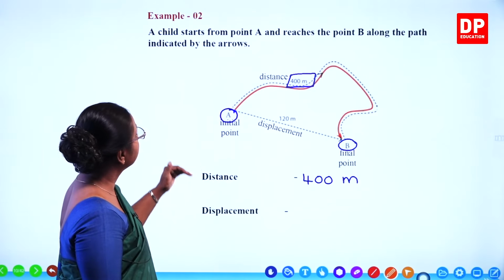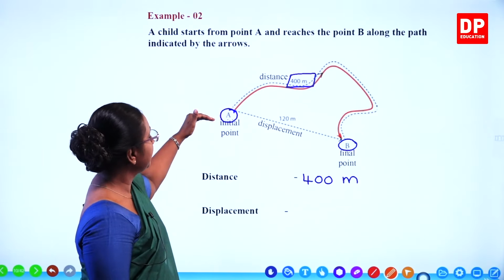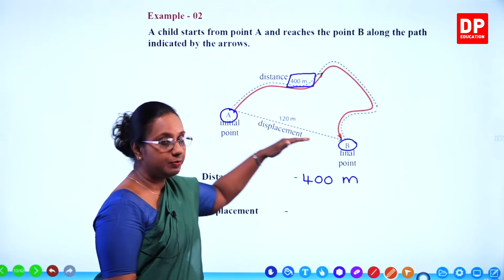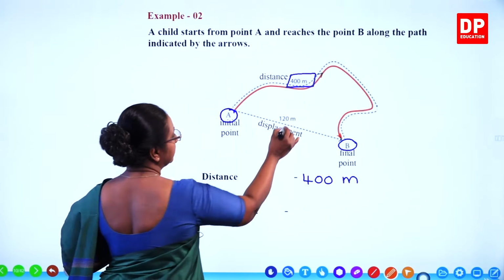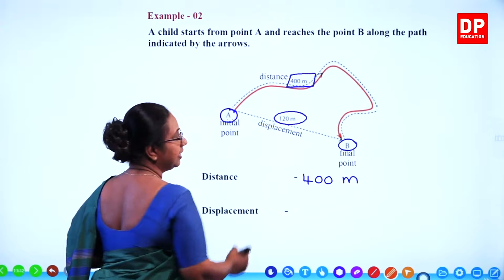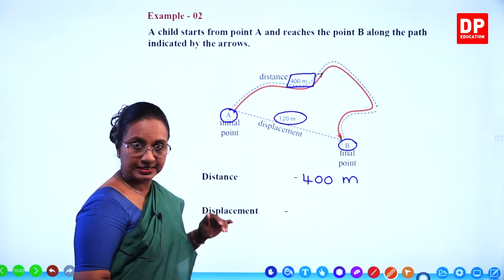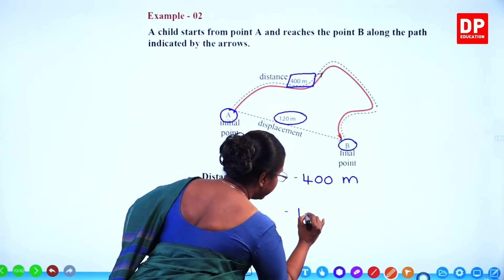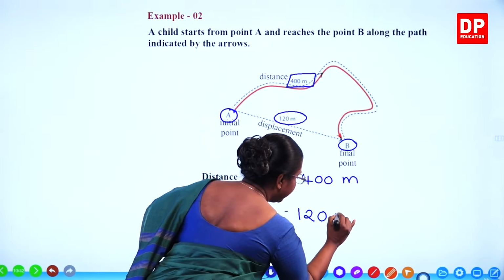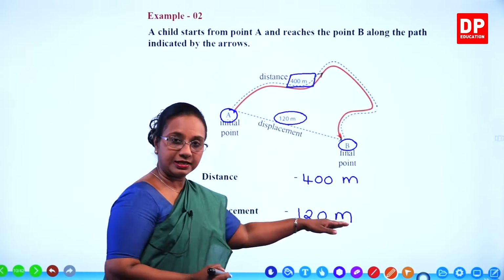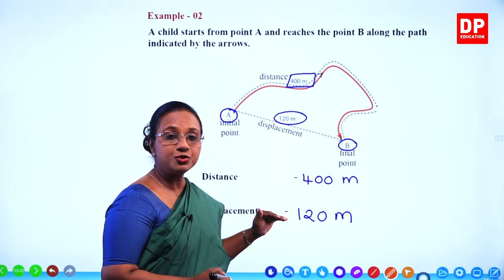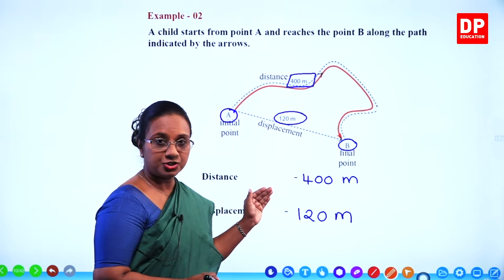But here you can see the displacement is from A to B. This has a magnitude of 120 meters. So that is shorter than the distance. So we write it as 120 meters. That is the magnitude. Now we have to specify the direction.